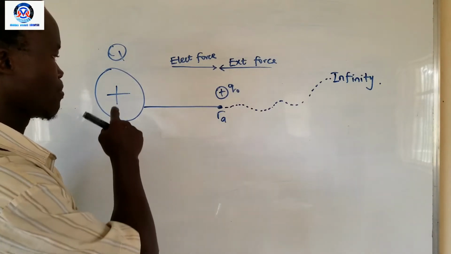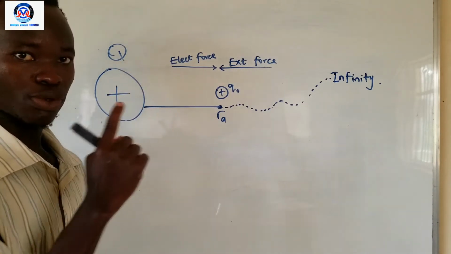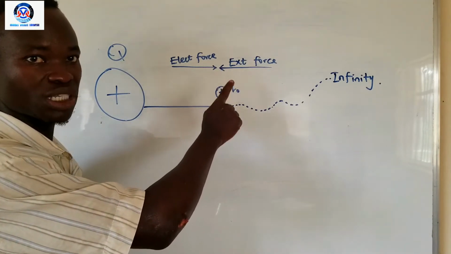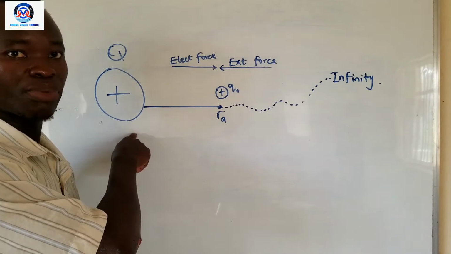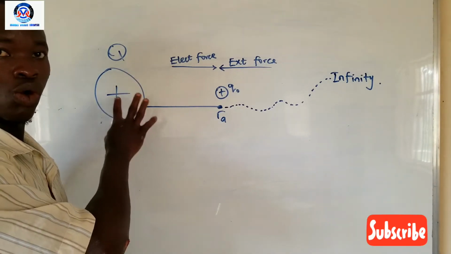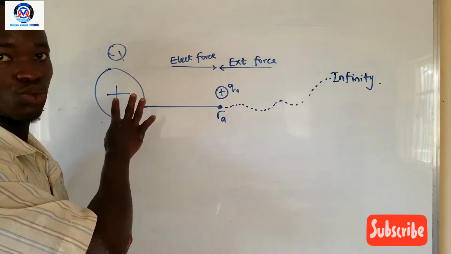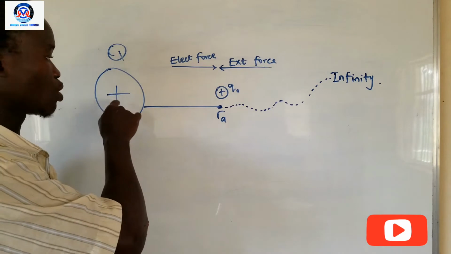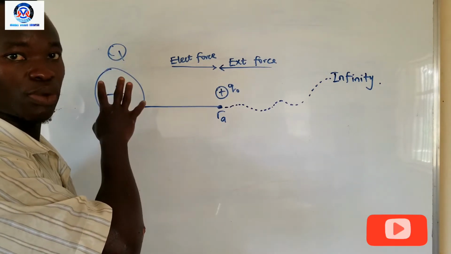We use a big positive charge and a small positive charge because we don't want the electric field of the small positive charge to have effect on the big positive charge. We only want the electric field of the big positive charge, which we call the reference charge.